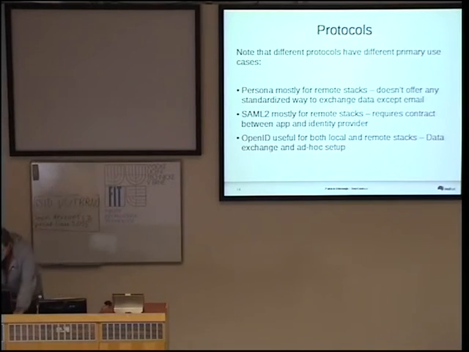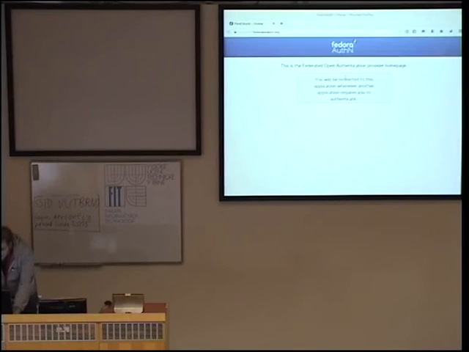So when you only do remote stack, how do you propose the administration to be done? I mean, yes, I allow remote users to come in, right. But I also want to be able to log in myself. There's usually at least one local user there. Right. So for that, you could just say that you set up your own OpenID provider.